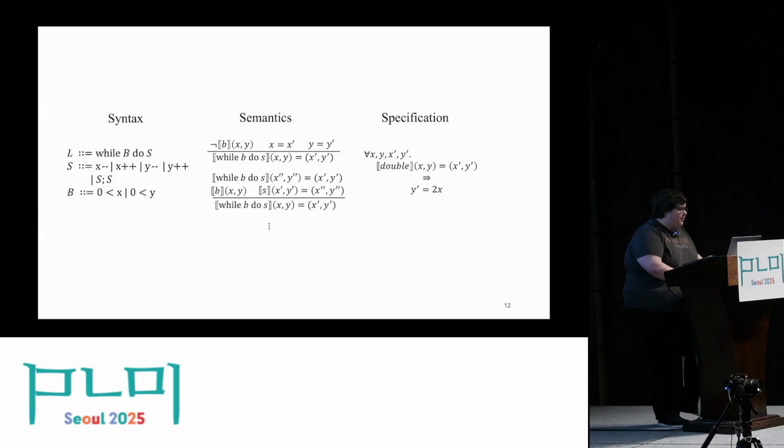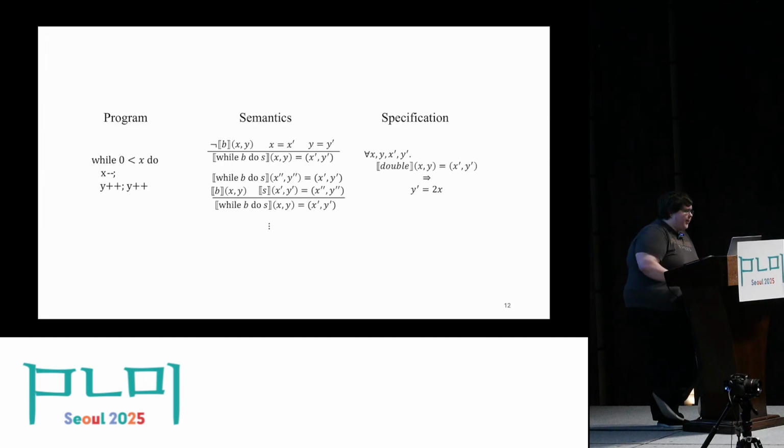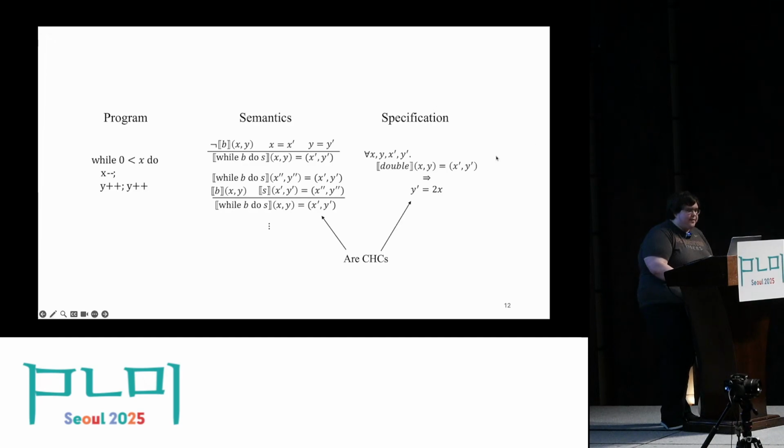And so we can take this and start trying to figure out how do we verify that the following program actually implements the specification. Intuitively, this is the correct program, but how do we prove it? Well, what we might realize is that because the semantics are defined in such an inductive way, the semantics are all constrained Horn clauses, and because the semantics only appears in a negative location in the specification, this is, again, a valid query to give to a CHC solver.